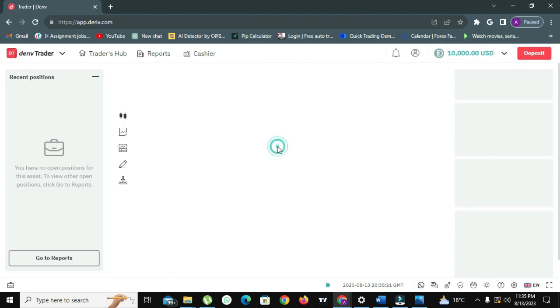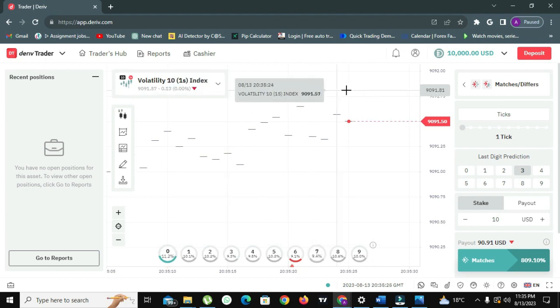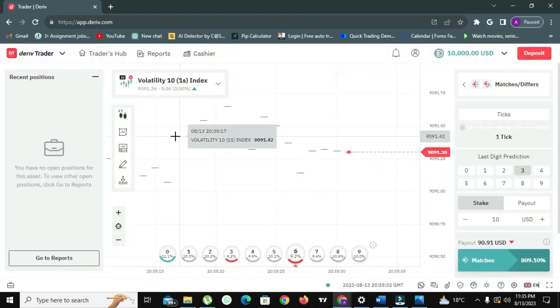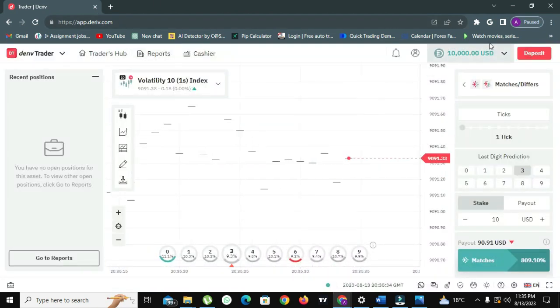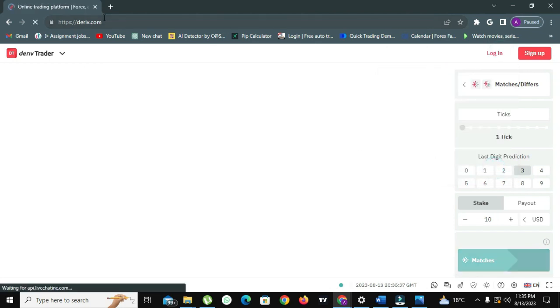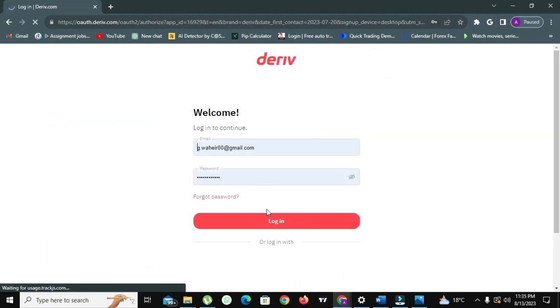Let's say, for instance, the first one, volatility 10 1s. I'm not sure why it's not showing the charts. Let me log out. I wanted it to show the charts so that you understand how it works.